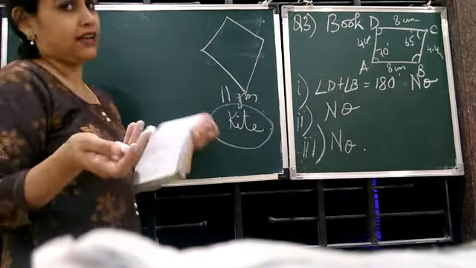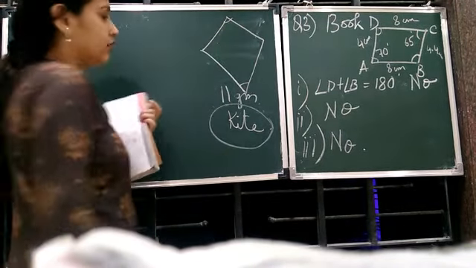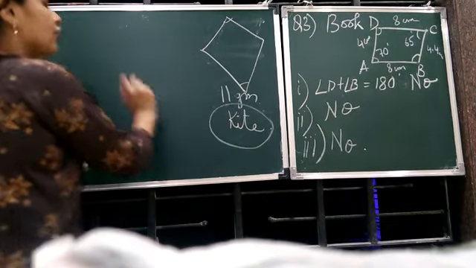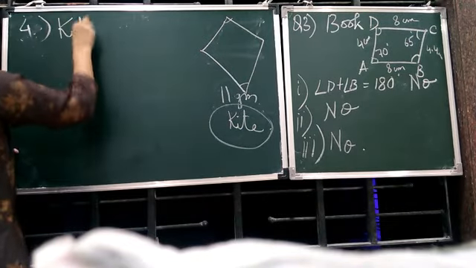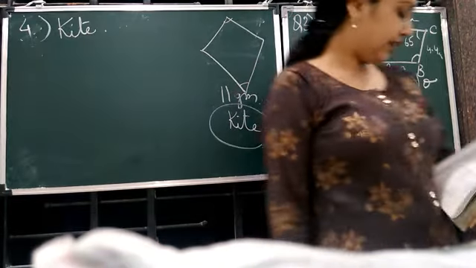Two opposite sides can be of equal length, and two opposite angles can be the same. So if it's not a parallelogram, what should it be? It should be a kite. This completes question number 4.